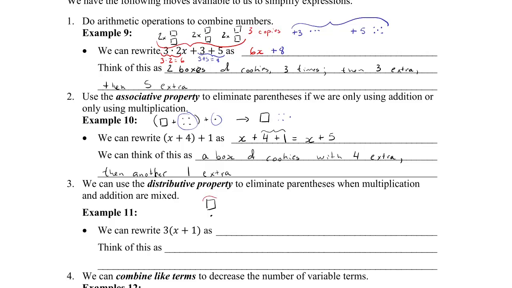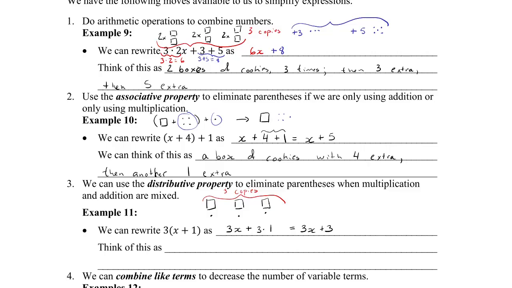And then we're going to make 3 copies of that whole thing. So a copy of the box of cookies and the extra, and another copy of the box of cookies and the extra. And so what we end up with is 3 boxes of cookies and 3 copies of the 1 extra, which is 3x plus 3.